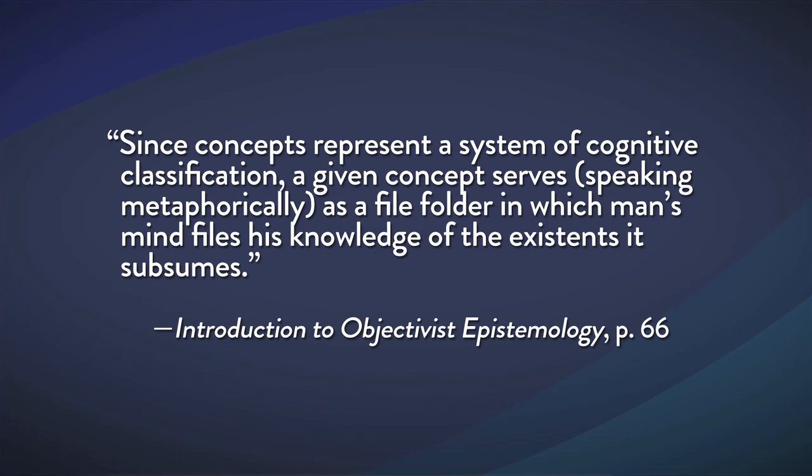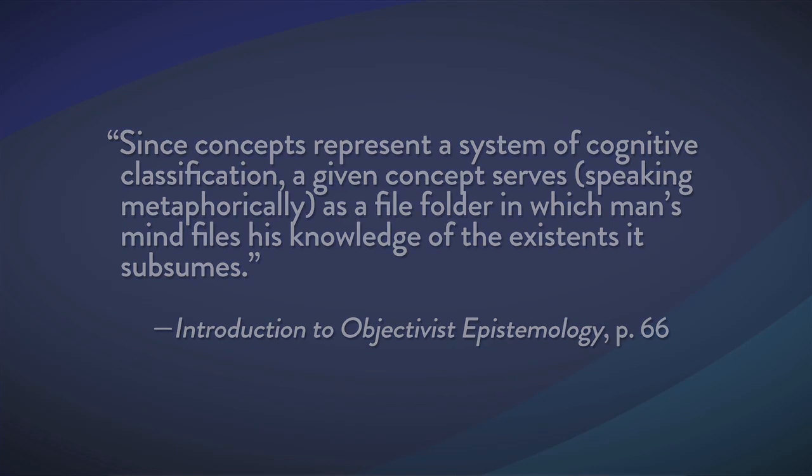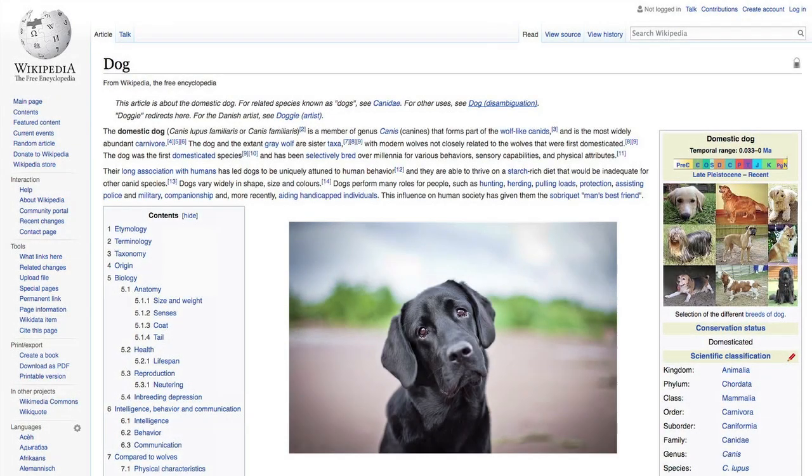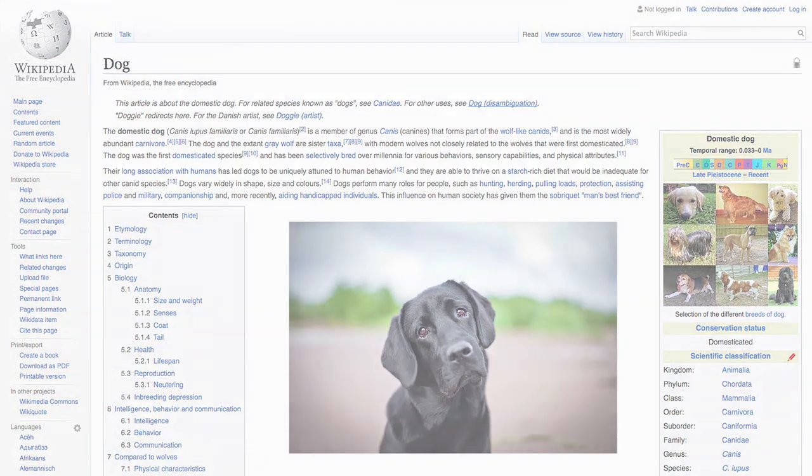Unfortunately, it's a little dated. So I have a more modern analogy, a Wikipedia entry. A concept is like a Wikipedia entry. It stores information on a certain type of thing. And you notice there's even a picture there, and you have the equivalent for your concepts.